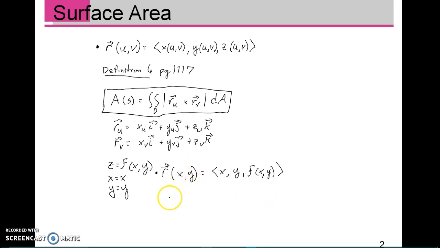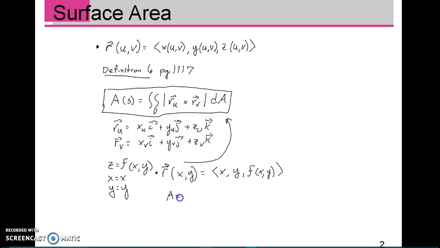So we go ahead and plug this into our definition 6. So we take the partial r with respect to u, cross it with partial r with respect to v, and find the magnitude, and then you do the double integral.